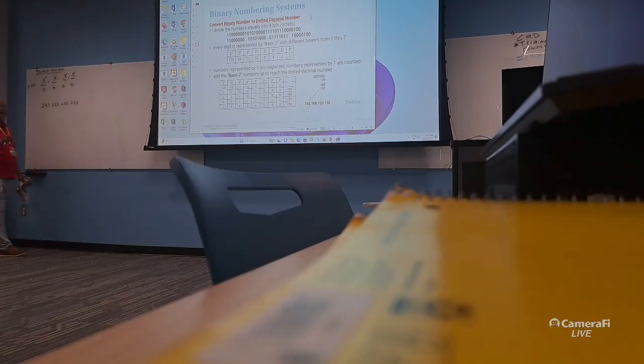All you have to do is know what it means. I'm not saying you have to actually do it all the time, because you're probably going to use a calculator, or go on the internet and ask, if this is the number of ones and zeros, what is the actual dotted decimal number? It'll spit it out, you write it down, and you put that number into your equation. That's how you're going to do it in the real world. But you need to understand the math behind it.